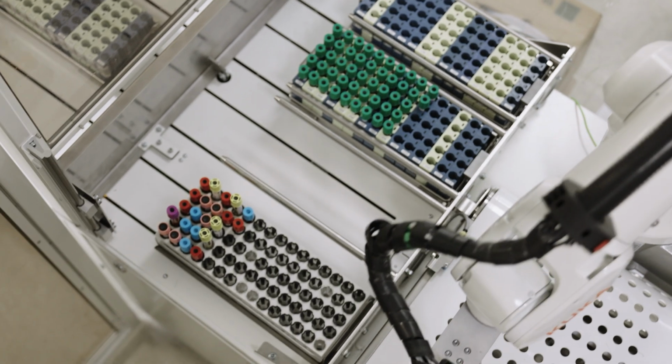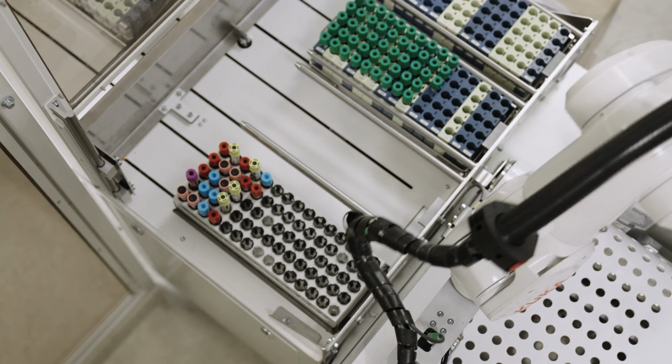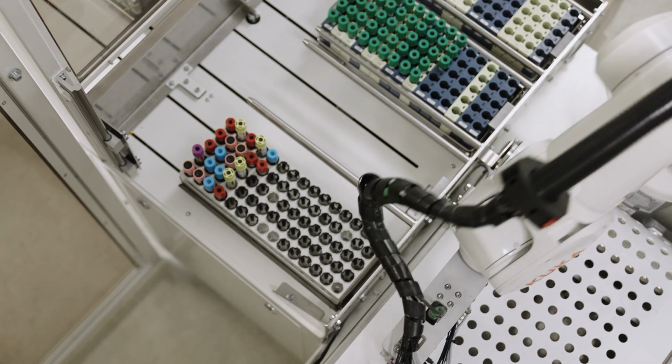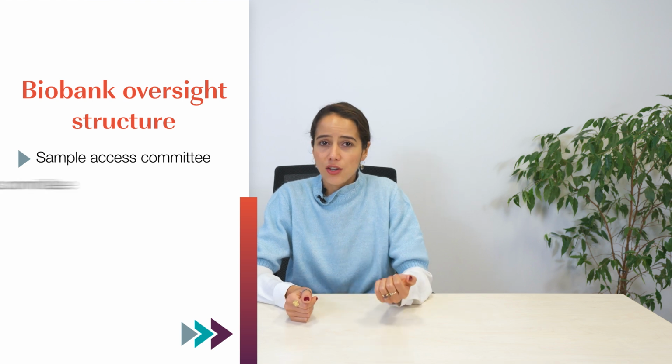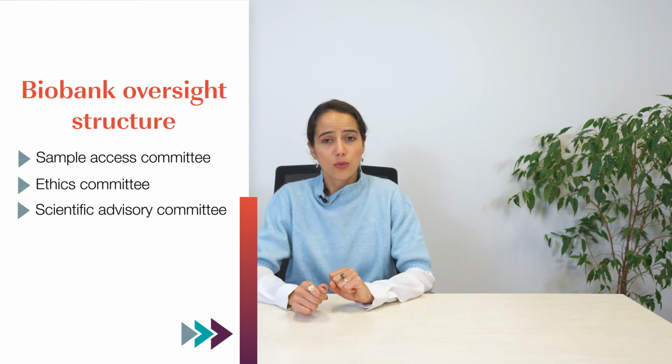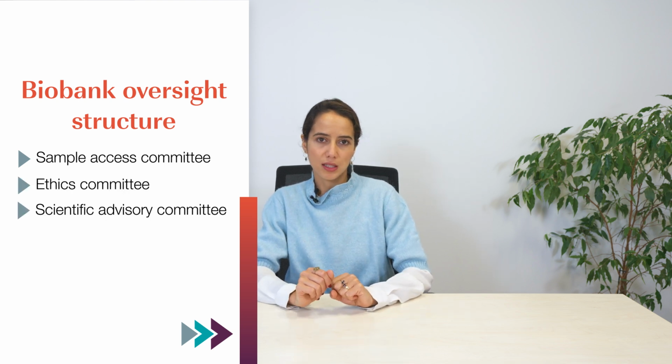Explain that the collection is for storage in a biobank for future research purposes. Give information about the biobank and its oversight structures, such as the Sample Access Committee and the Ethics and Scientific Advisory Committee, as relevant.